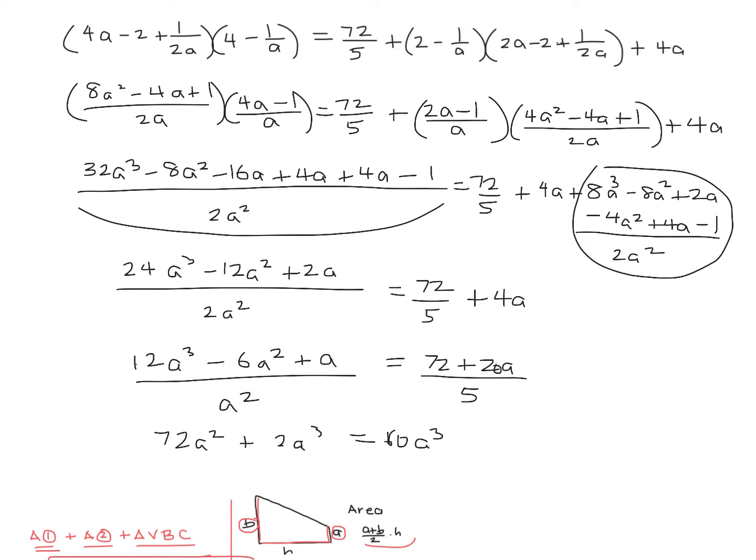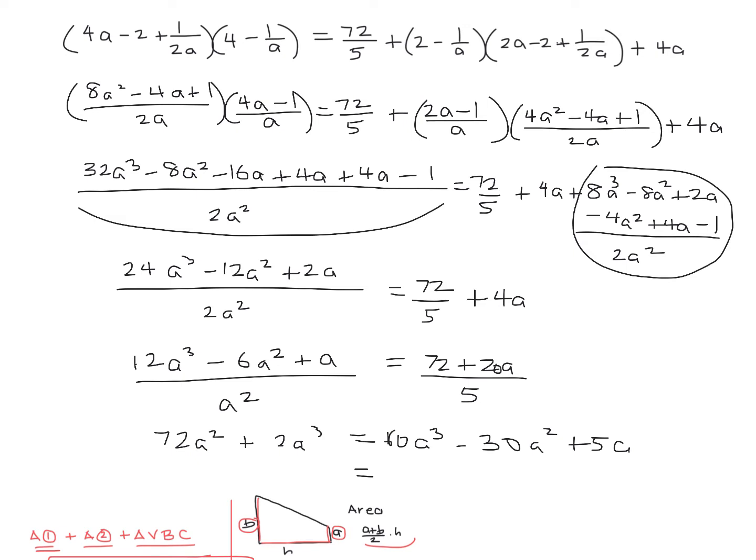And then minus 30a squared, and then plus 5a. All right, almost getting there. And then I guess put everything on one side. And when you do, you get, is there any a third here?